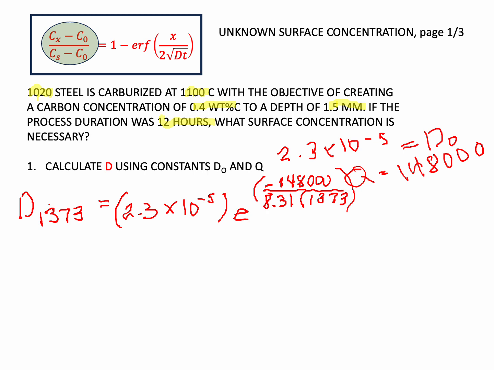Take e to that value, and I get 2.33 times 10 to the negative 6. And I just want to check that, make sure I got that right. Yep, that's correct.